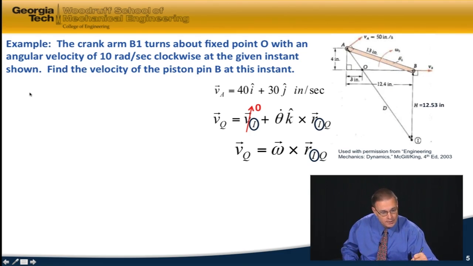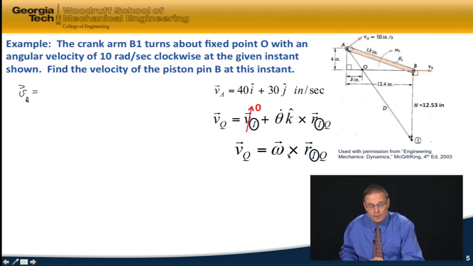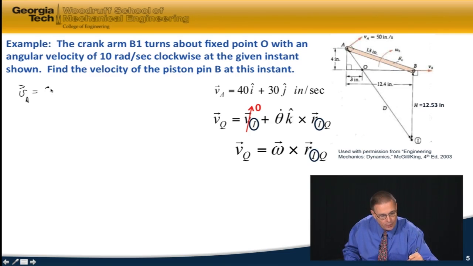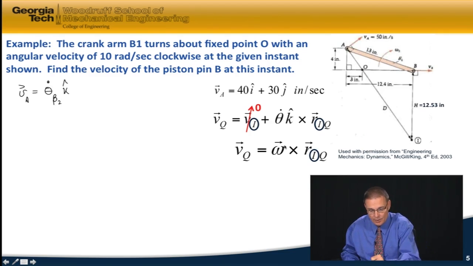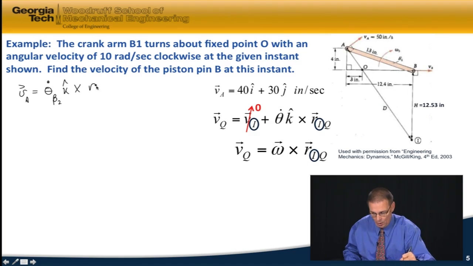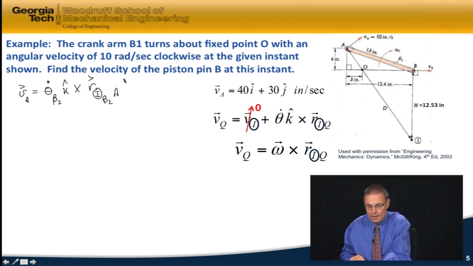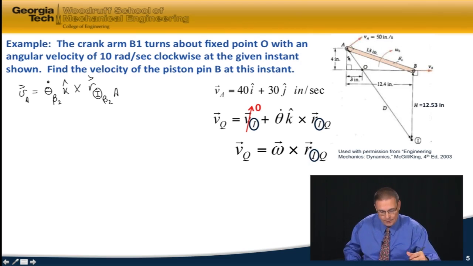So by my instantaneous center equation, the velocity of A is equal to theta dot B2 in the K direction, that's omega, crossed with r from the IC for body B2 to point A. And the velocity of A was found to be 40I plus 30J.